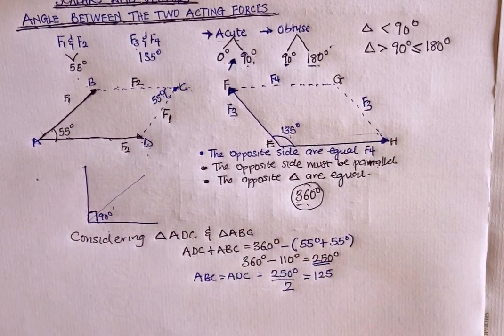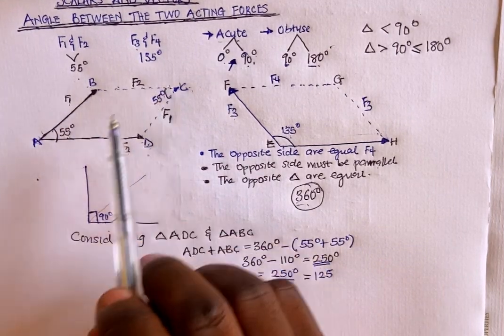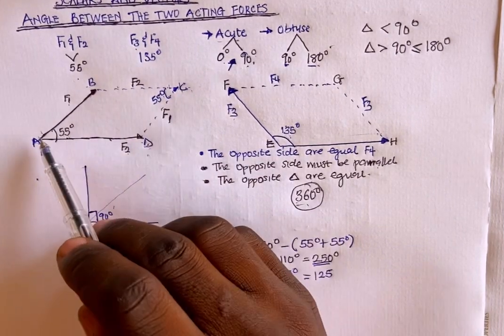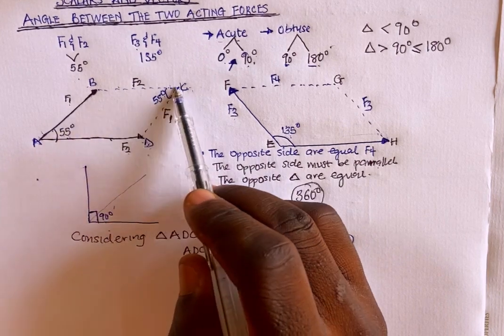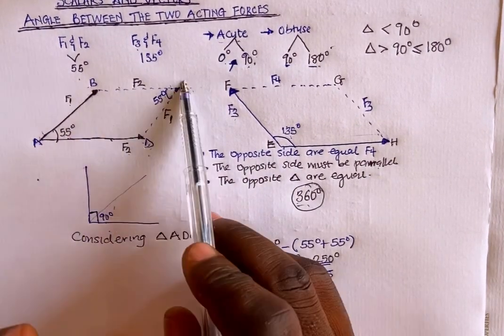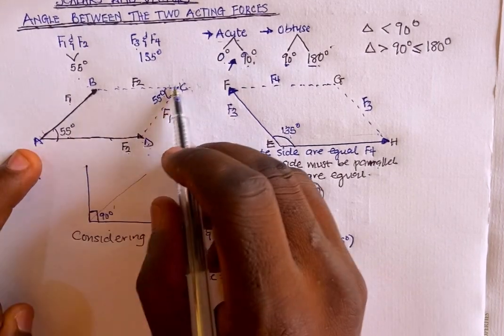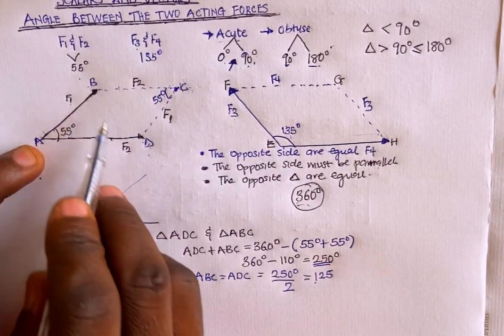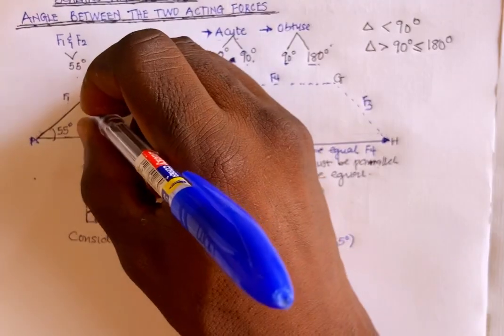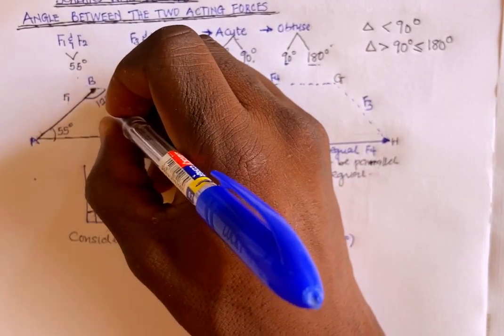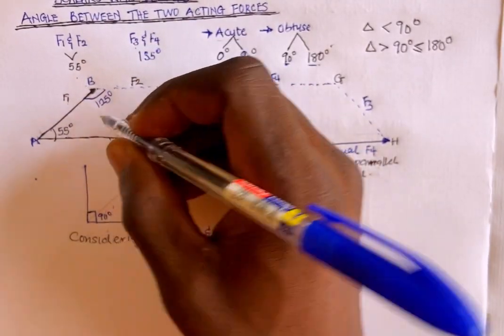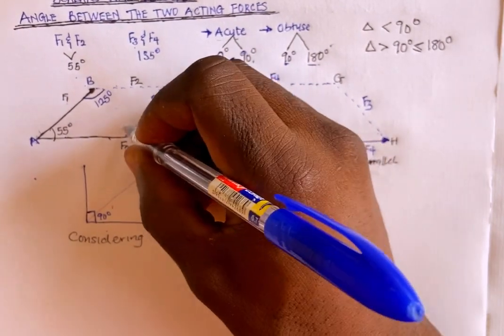Since my angle ABC must be equal to angle ADC, by the time I split this into 2, both B and D are going to have 125 degrees.